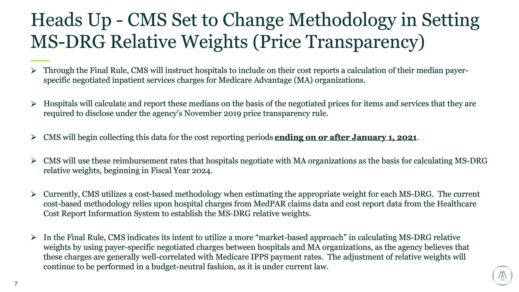So for some organizations that have cost reporting periods on a calendar year basis, they're going to need to begin to prepare for this change shortly. CMS plans to implement this data into the MS-DRG relative weight development beginning in federal fiscal year 2024, which is really only 3 short years away. So I'm sure as we move forward, there's going to be more and more information about this, but this is what was codified in the final rule issued on September 2nd.